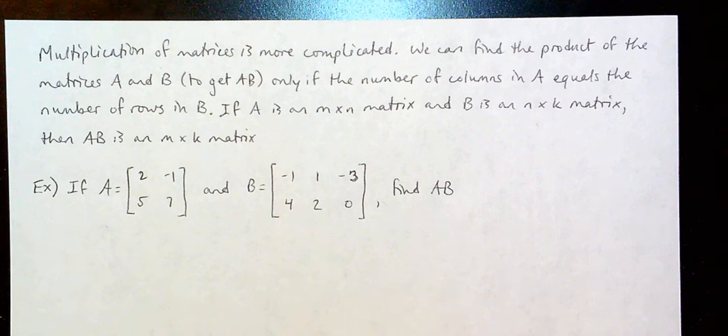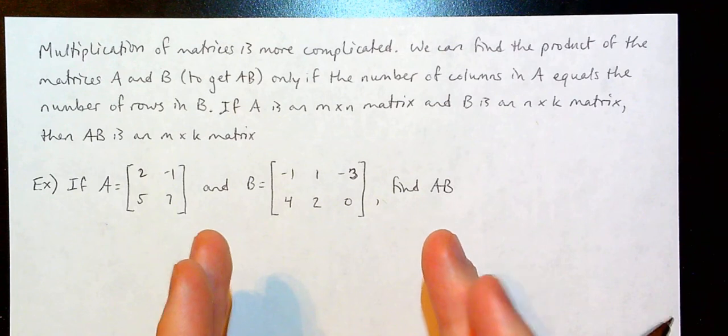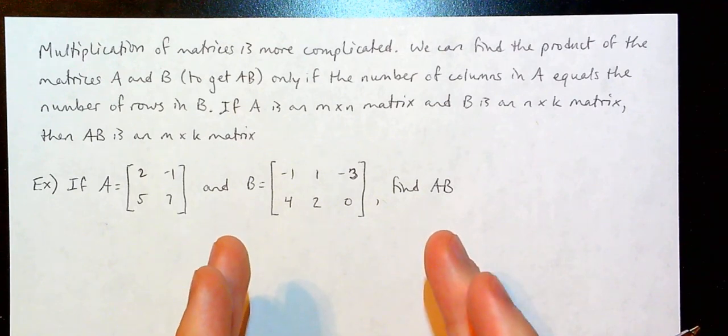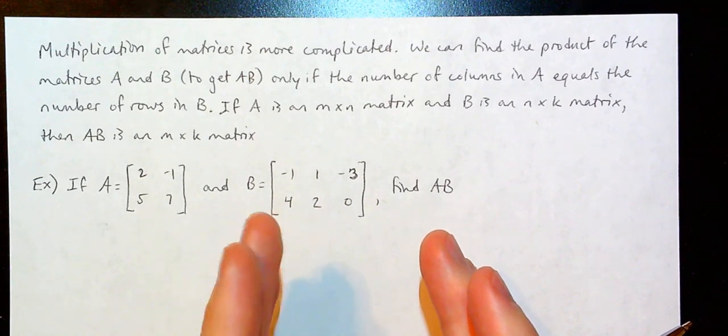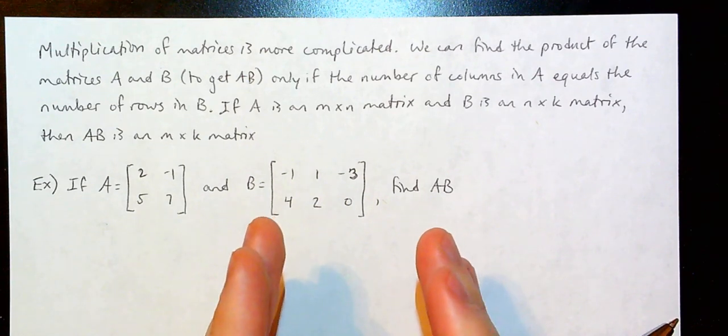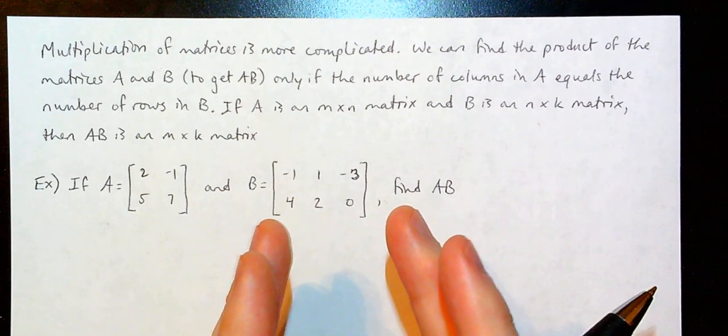of rows in B. So you have your first matrix listed, you have your second matrix listed. You can only multiply the two matrices if the number of columns in the first matrix you write equals the number of rows in the second matrix that you write.